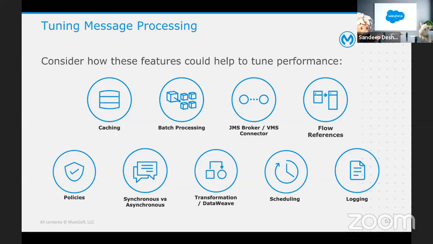I've seen a lot of customers logging entire payloads in the Mule application. That slows down the application, increases the use of memory, and also takes resources. So keep your logging to a minimum. Don't log entire payloads. Don't convert them to strings and then display them in your loggers. It just takes up a lot of memory.